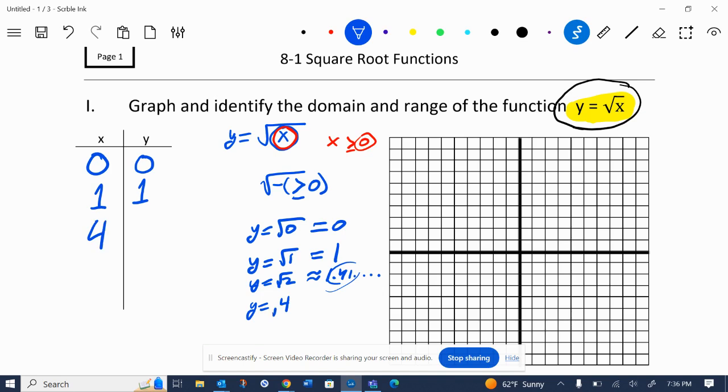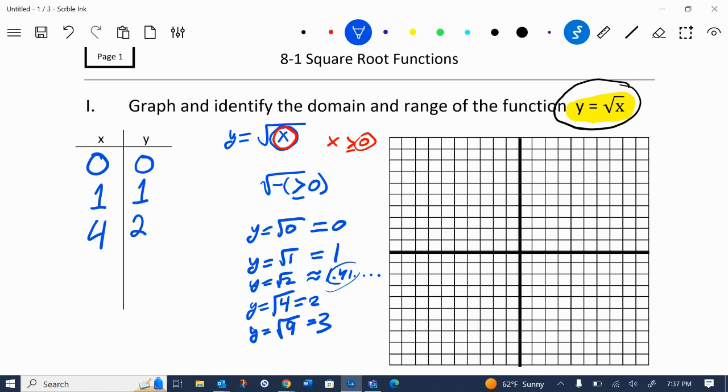We'll go up to 4 because the square root of 4 is equal to 2. And the next perfect square is the number 9, which gives us a 3. That's all I can use on here if I'm going to go by 1.